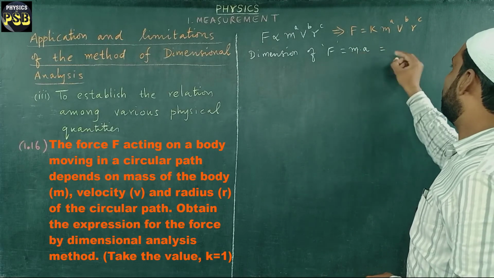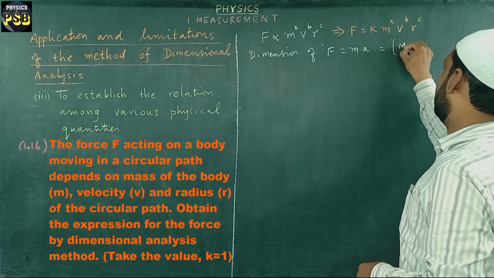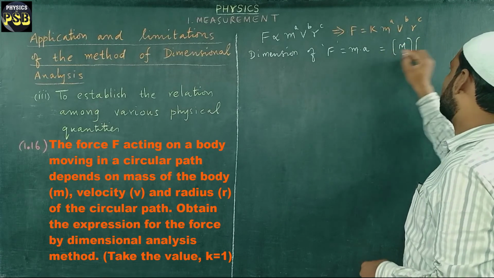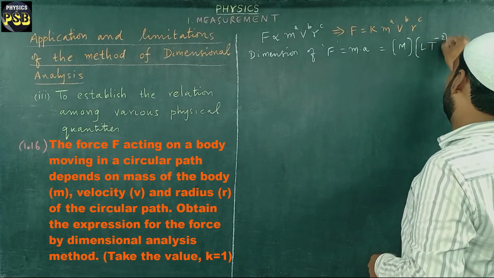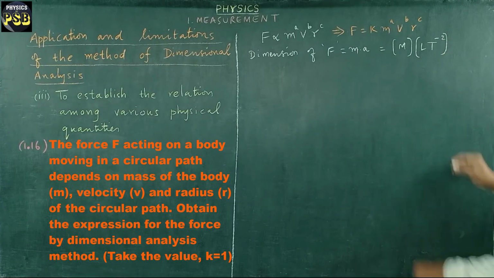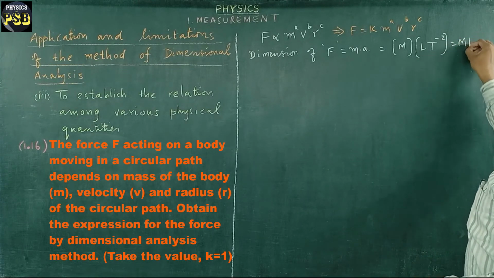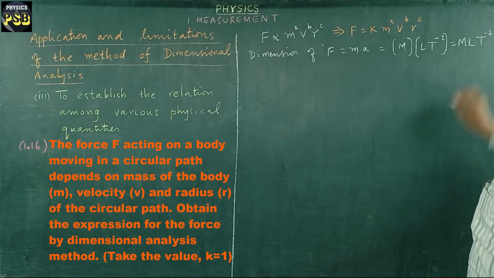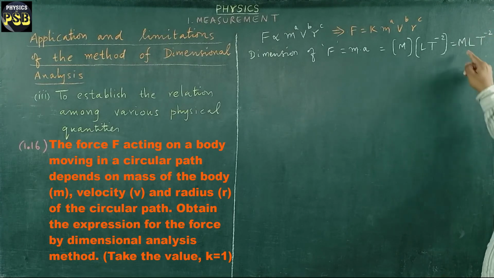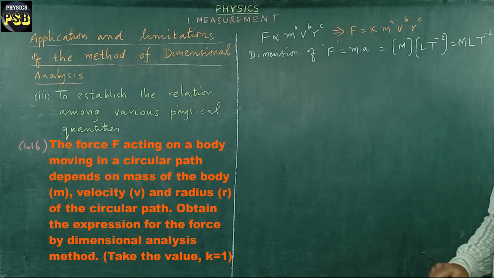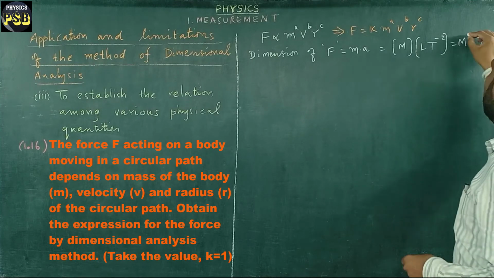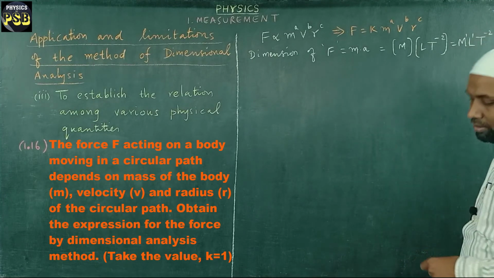So the dimension of mass is capital M and the dimension of acceleration is L T power minus 2. So the dimension of force is M L T power minus 2. Here, when the power is nothing, that means the power is 1. We know that. So M power 1, L power 1.